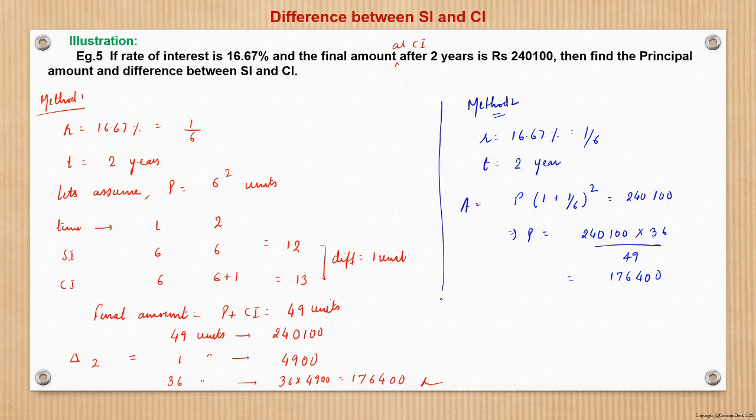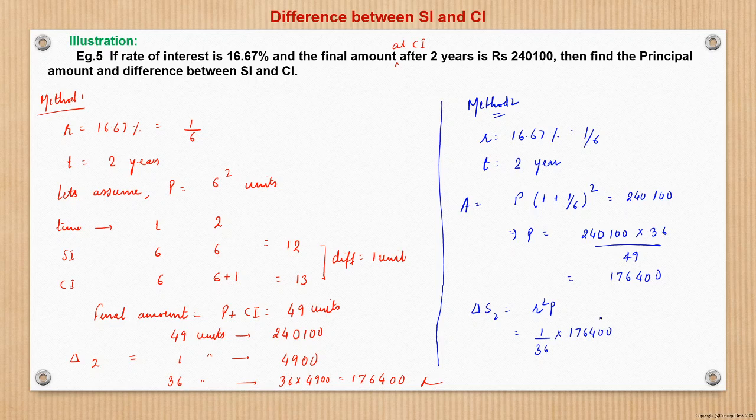So therefore now we can solve the difference also. Delta S2 is nothing but R square into P. R square is 1 by 36 into 176,400.